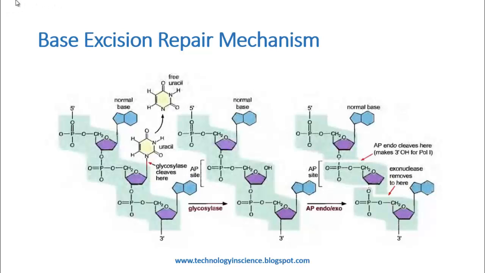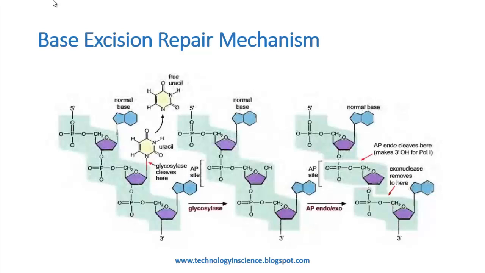DNA polymerase is the enzyme responsible for synthesizing or incorporating nucleotides. But the problem here is that DNA polymerase cannot act on this particular site because there is no nick or free OH group for the polymerase to act upon. This particular site is called the AP site.